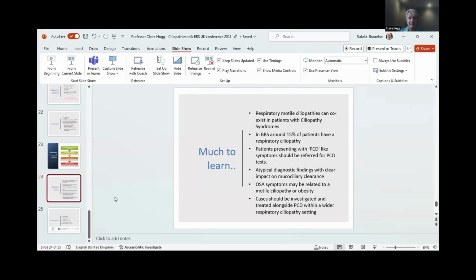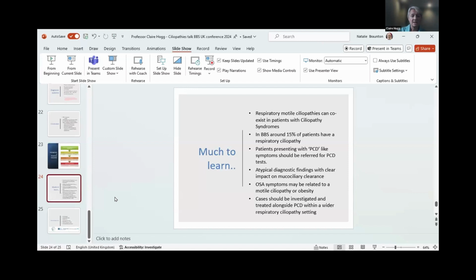But they should all be investigated and managed as though they did have, effectively what I'm trying to say is that primary ciliary dyskinesia is just one of a wider group of respiratory ciliopathies, and that those respiratory ciliopathies include those particular findings that I've shown you today from the case with Joubert's.